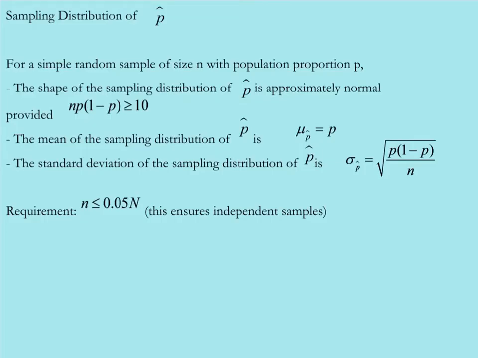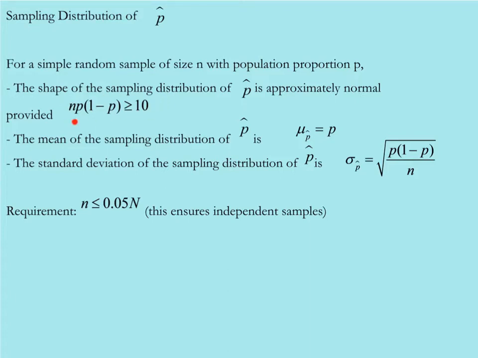And now we get to the slide that's got all the formulas, the main idea contained within the section. It's called the sampling distribution of p hat. For a simple random sample of size n with a population proportion p, the sampling distribution of p hat is approximately normal, provided that this is true.